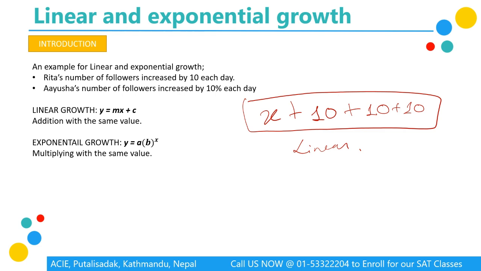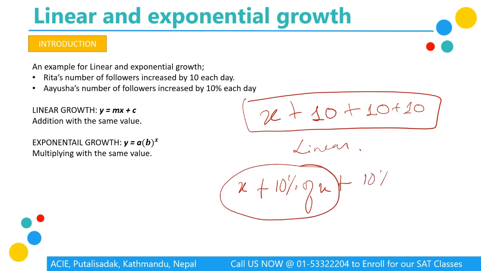Similarly, Aisha's number of followers increased by 10% each day, which means that if the first day it was X, then the next day 10% of X was added. After that, 10% of whatever this number becomes, suppose this becomes y, was added.